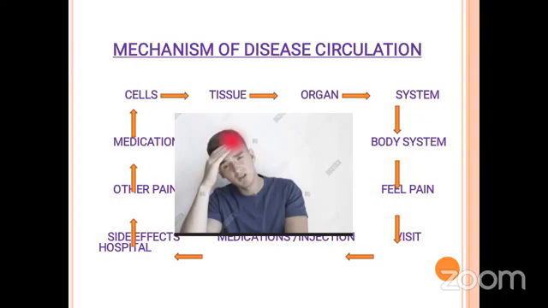Then from the system, the person starts to feel pain, and of course, as we all know, the person will rush to hospital, and from the hospital, the person will be given injection and medication, which in turn can give side effects to the person. When this side effect manifests in the body, it will result in so many other pains, of which we know that so many antibiotics can harm the body, can harm the kidney and the liver too.